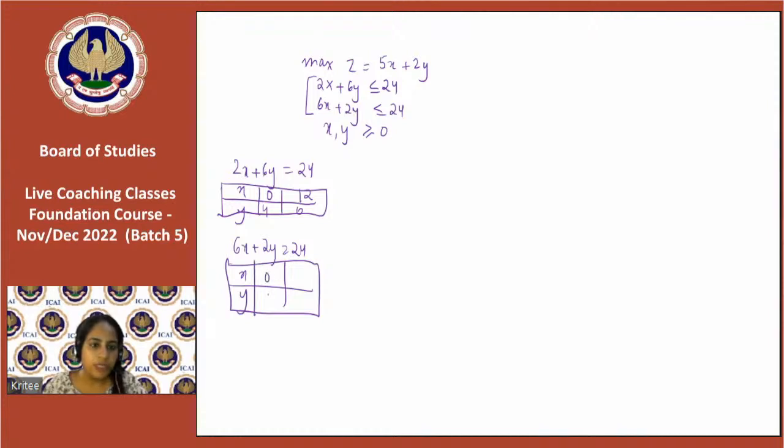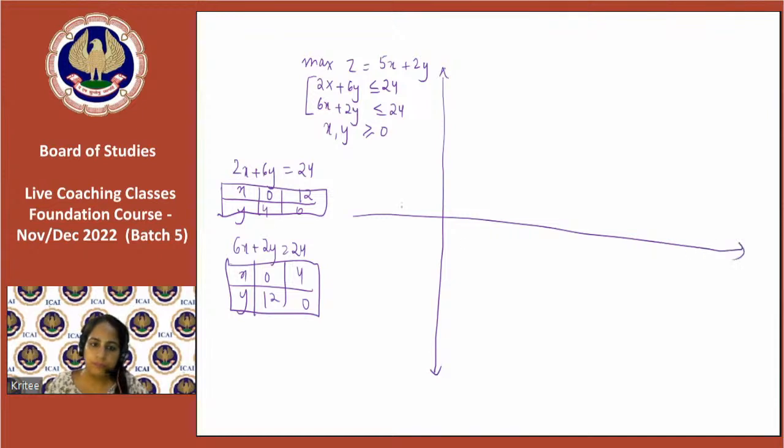Taking x equal to 0, y is equal to 12, taking y as 0, x is equal to 4. So we will plot them in the graph. 1, 2, 3, 4, 5, 6, 7, 8, 9, 10, 11, and 12.